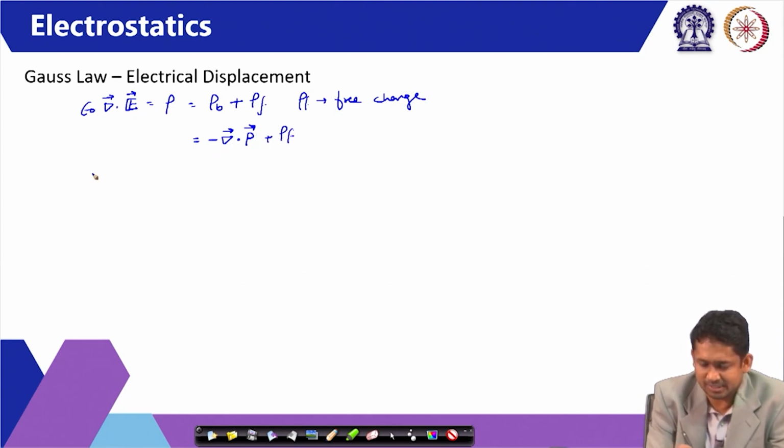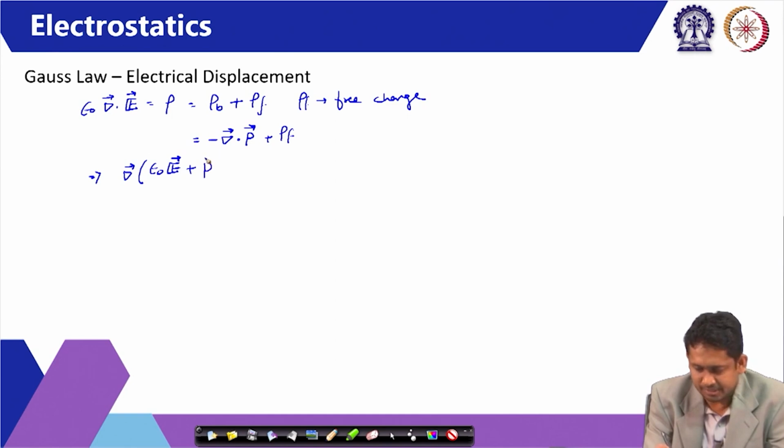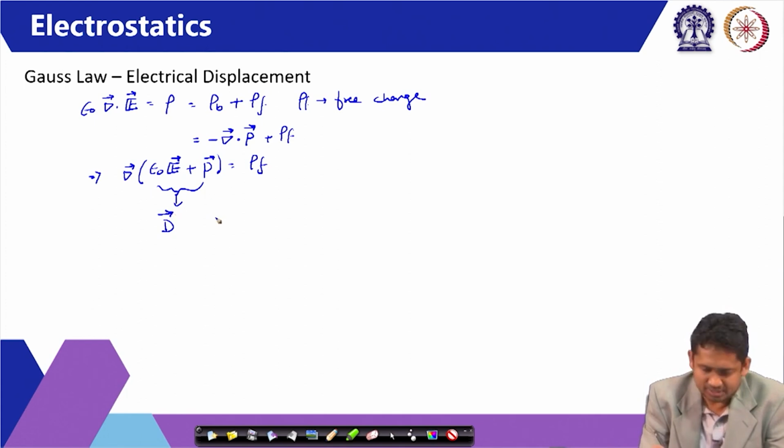Now, I can take it to this side, and finally, we can write del dot epsilon 0 multiplied by electric field plus the polarization vector P, and that is equal to rho f. This quantity gets a name and we call it electrical displacement. So, D is our electrical displacement.